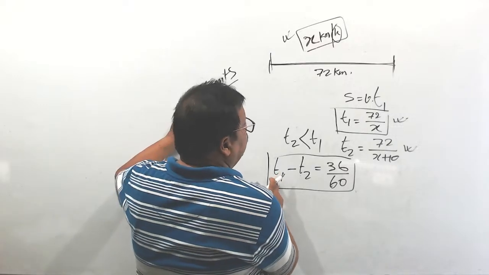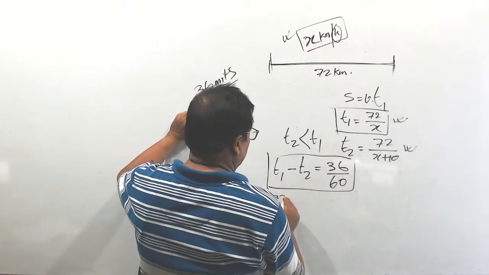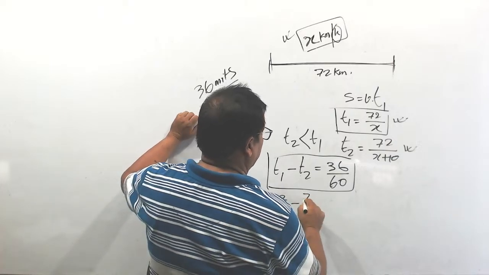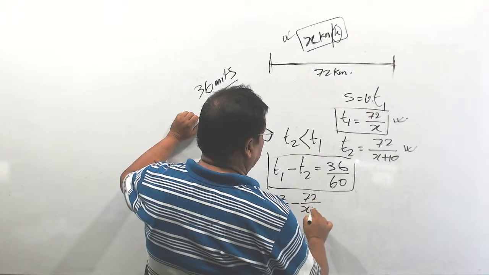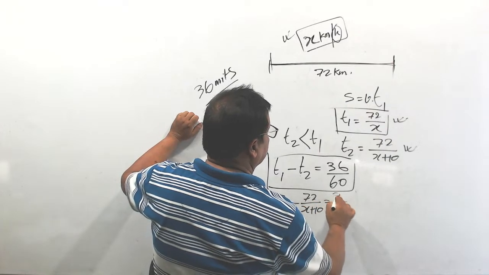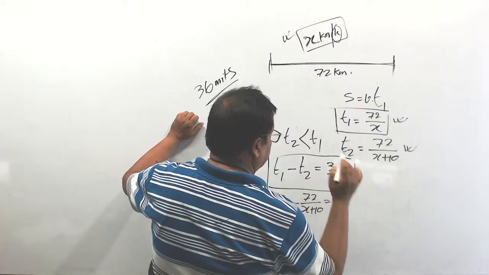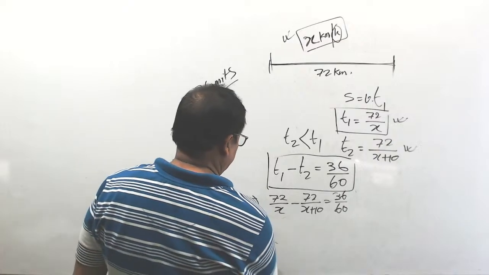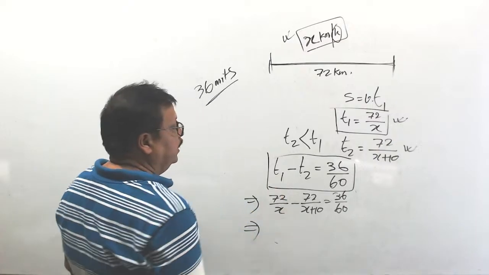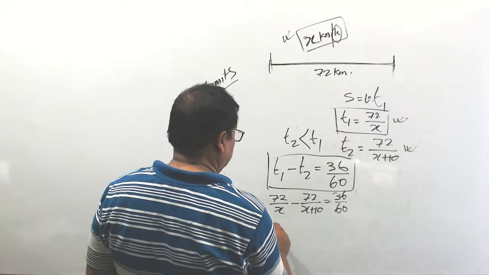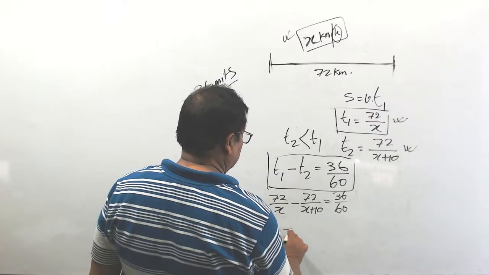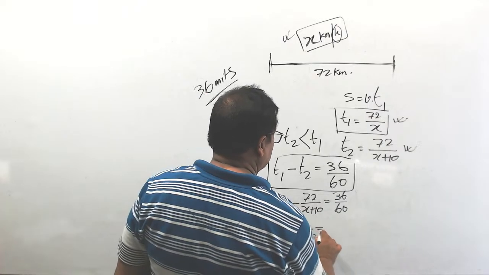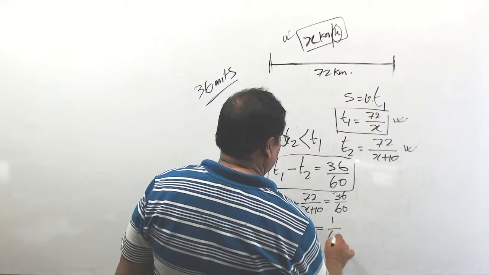So T1 is 72 by x, minus T2, 72 by x plus 10, equal to 36 by 60. Now simplify this equation. Divide by 36 on both sides: 2 by x minus 2 by x plus 10 is equal to 1 by 60.